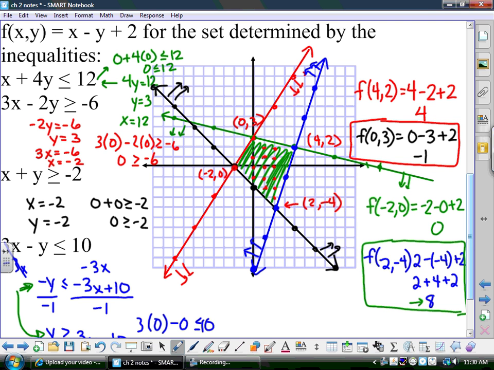What this will mean in terms of a story problem is maybe x represents the number of bikes that you make, and y represents the number of cars that you make. If you're making 0 bikes and 3 cars, your profit is going to be -$1, and you're going to lose money in that situation. Now, this wasn't a story problem, and that's really not making a whole lot of sense, but in the story problems, we'll get lots of positive values, and we'll probably have a positive profit.